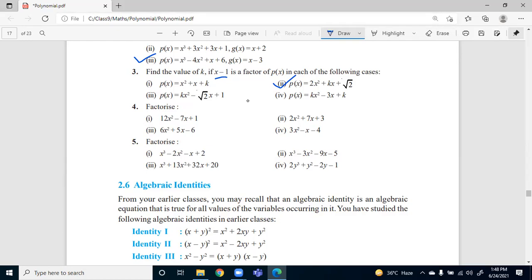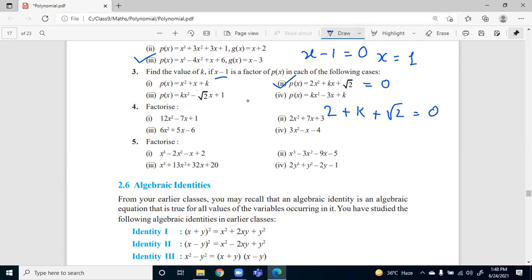So see, if x minus 1 is a factor, the first thing you need to do is find the value of x. Now substitute the value of x and equate the polynomial to 0. When I substitute x as 1, it becomes 2 plus k into 1, that is k, plus root 2 is equal to 0.